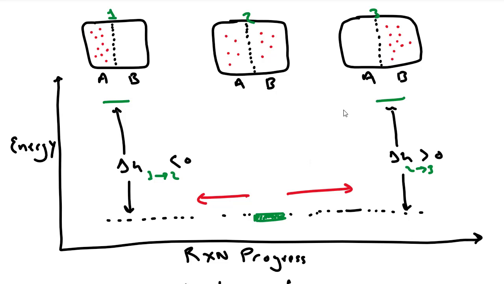But now we're moving in the opposite direction. We're not going 1 to 2, we're going 2 to 1. So delta G of 2 to 1 will equal negative delta G 1 to 2. Since delta G 1 to 2 is a negative number, delta G 2 to 1 will be a positive number. And we already know that delta G 2 to 3 is bigger than 0. So going in the direction from 2 to 3 is not favored.